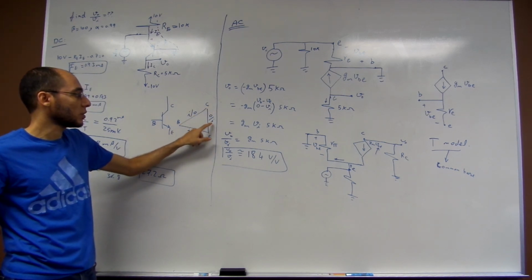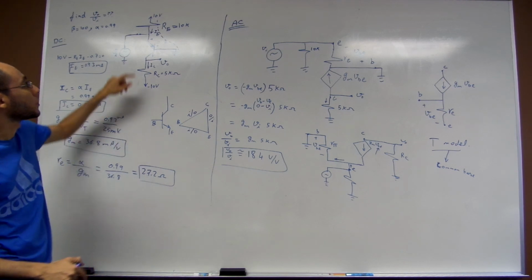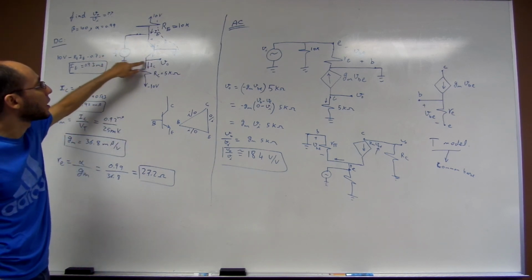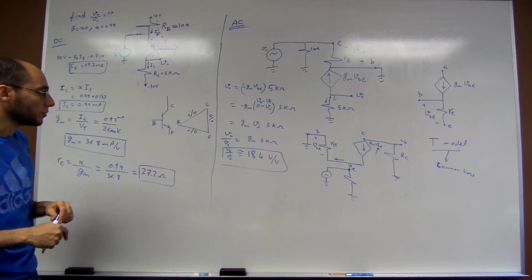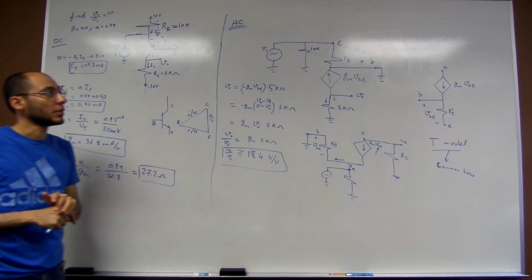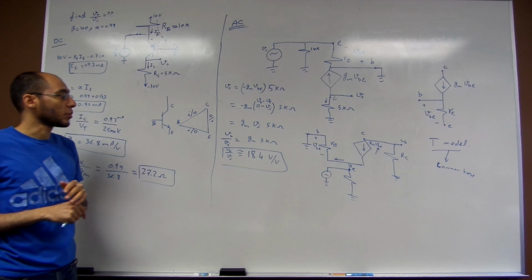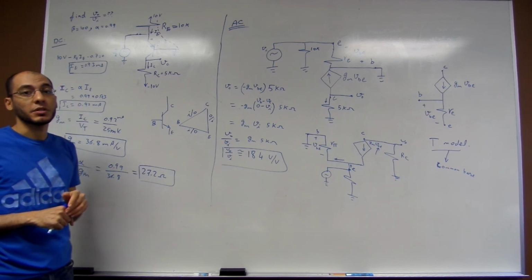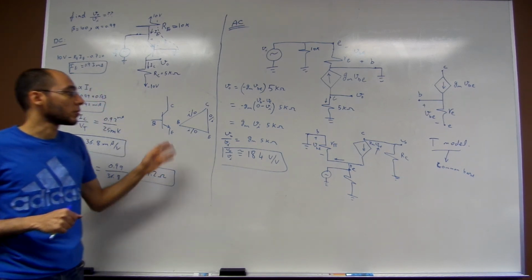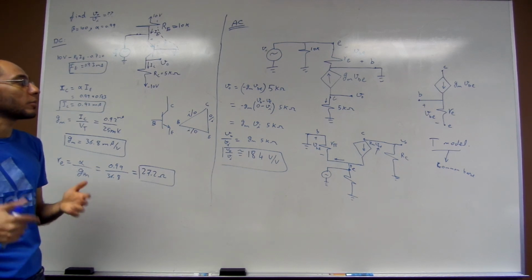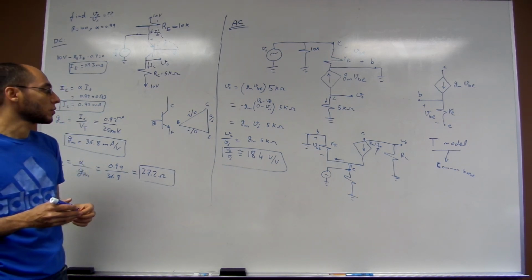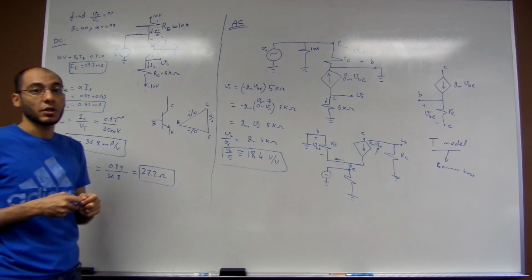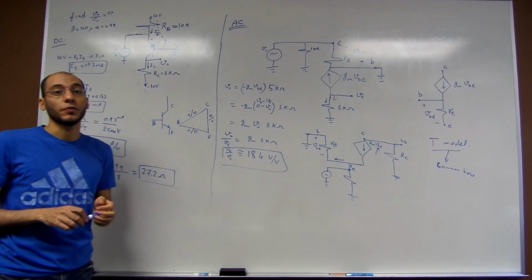Output is at the collector and the input is at the emitter. So this triangle, I find it very easy to comprehend and to memorize the most commonly used configurations of BJT transistor. Hope this helps you guys, and please let me know if you have any questions.